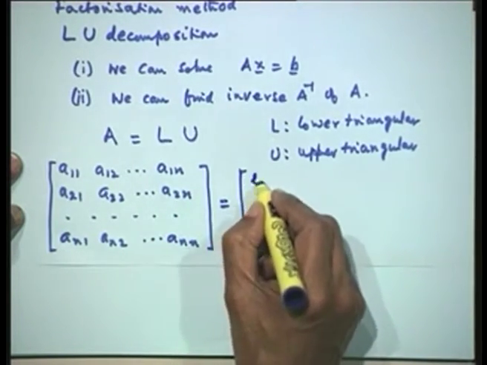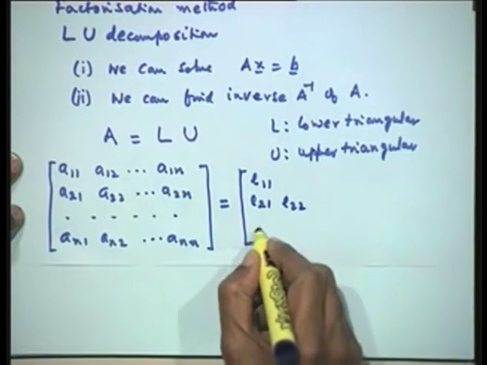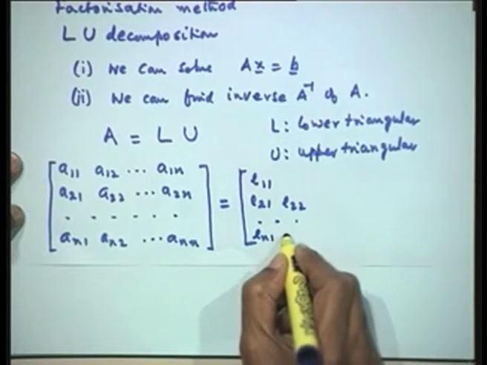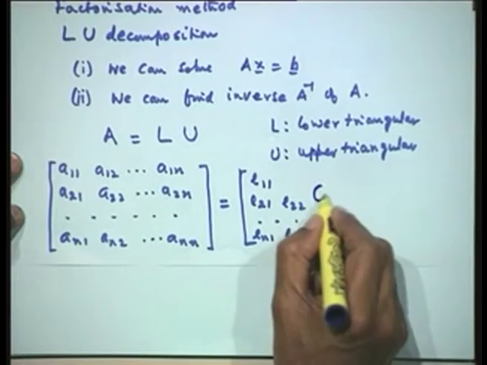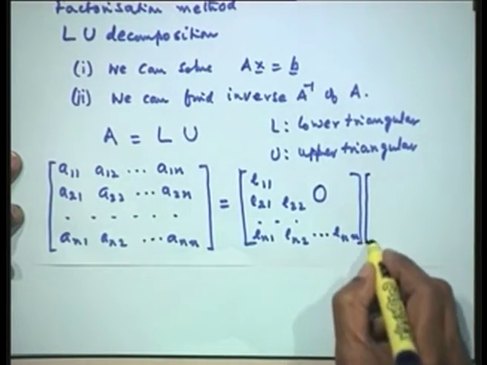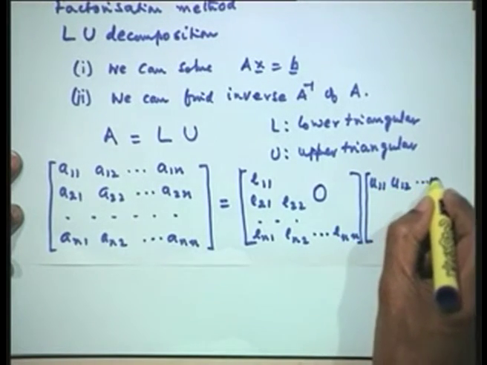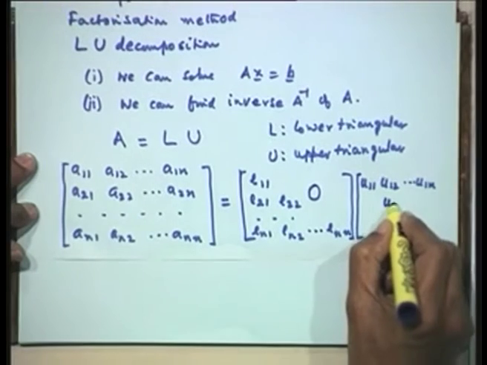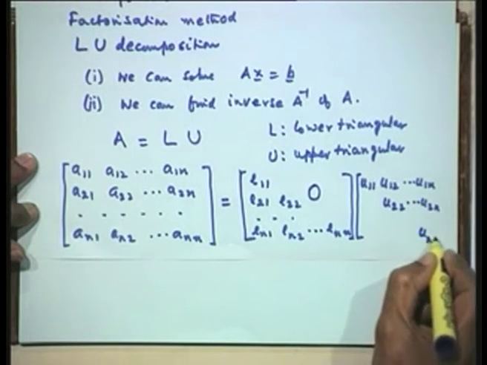L is lower triangular, therefore, it will be L11, L21, L22, Ln1, Ln2, Lnn. We have here U11, U12, U1n, Unn.